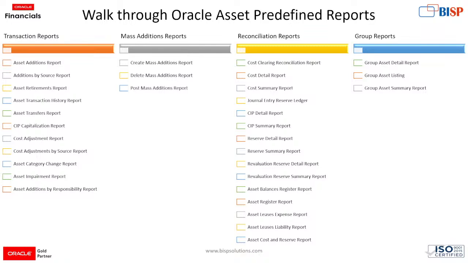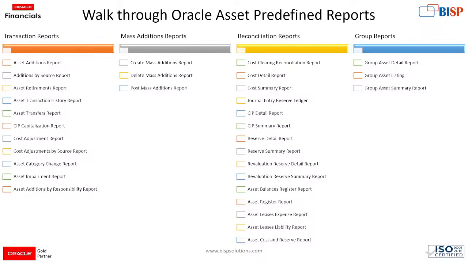Then asset lease, if you are following the lease assets, then you have lease related reports. Some of the lease related reports are asset lease expenses report, in which you can view the list of asset lease interest and expenses amount for a specific period.